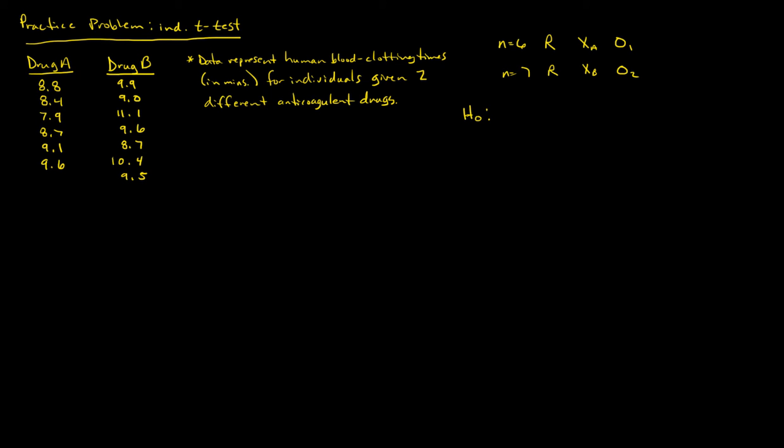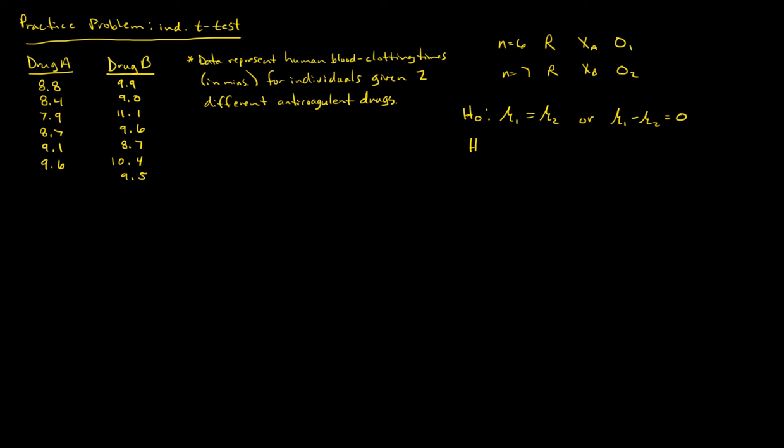So instead of x bar, we're going to use mu. So we can say that the mu of group 1 is equal to the mu of group 2, or, a more mathematical way, the mu of group 1 minus the mu of group 2 equals 0.